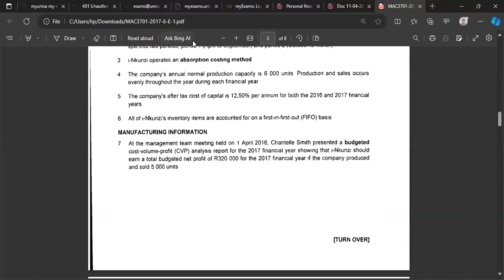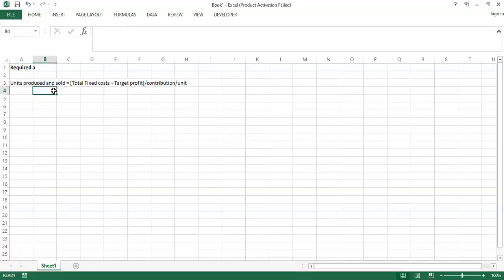Over here, we want to have 5,000. Let's put that. So 5,000 is going to be equal to total fixed cost, which we need to get, and then the target profit is going to be 320. So let's first fetch the total fixed cost there.